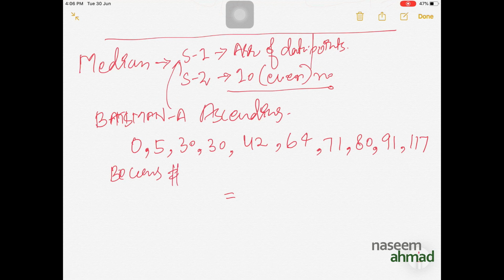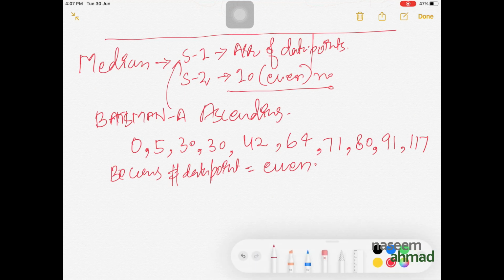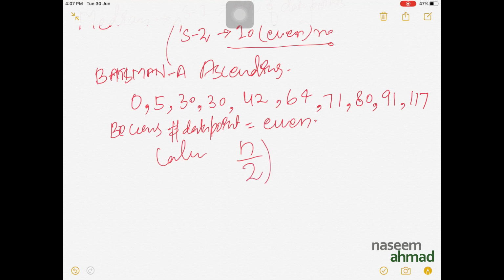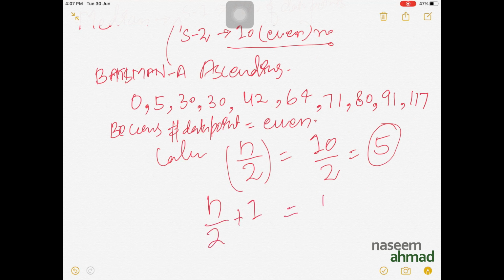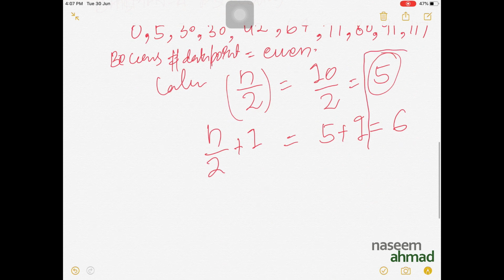The second step: because the number of data points is even, we have to calculate two things here. We have to calculate n by 2, and in our case n by 2 equals 5. And we have to calculate n by 2 plus 1, so 5 plus 1 becomes 6. We take the numbers from these locations, the 5th plus the 6th, divided by 2.